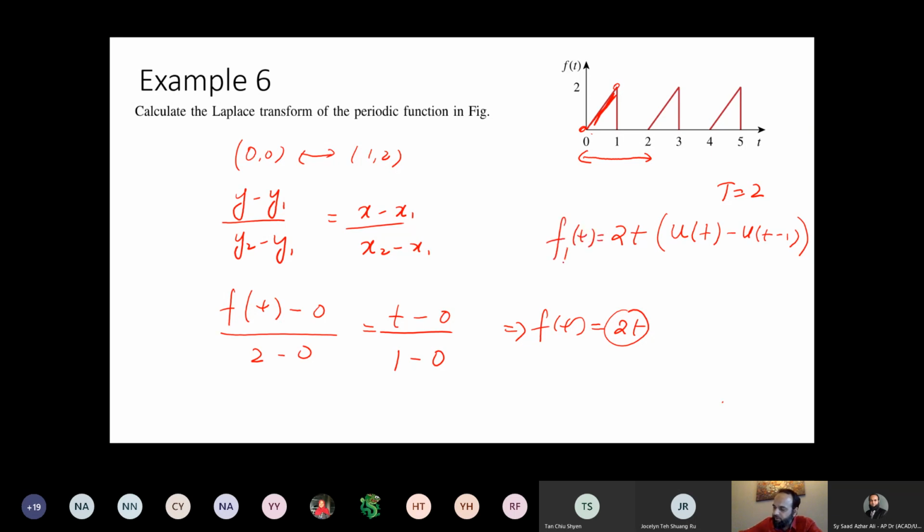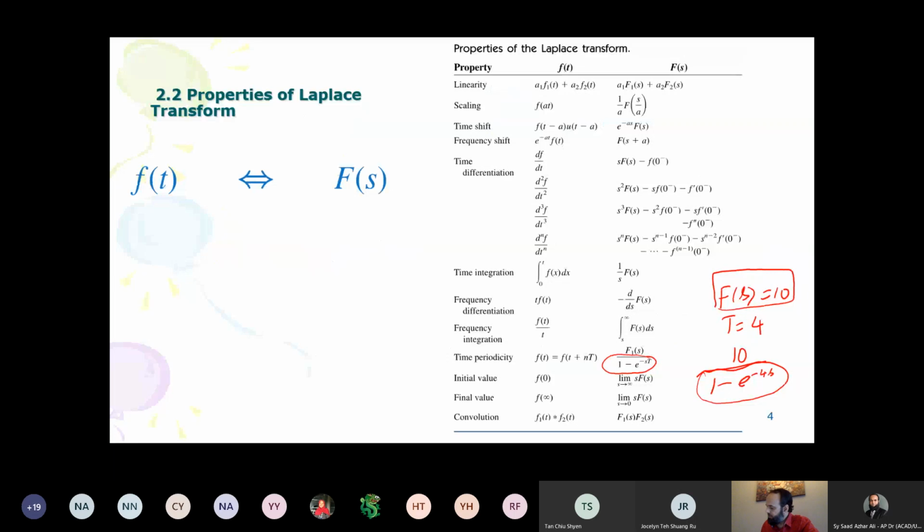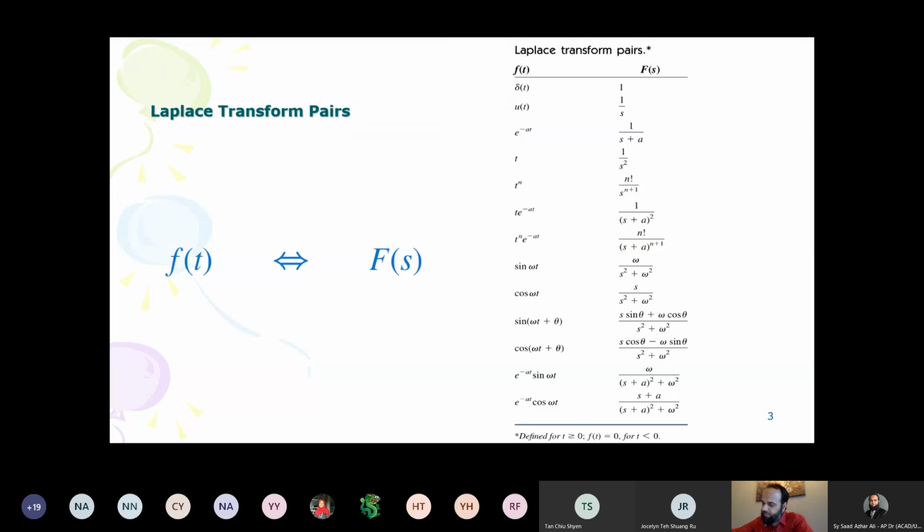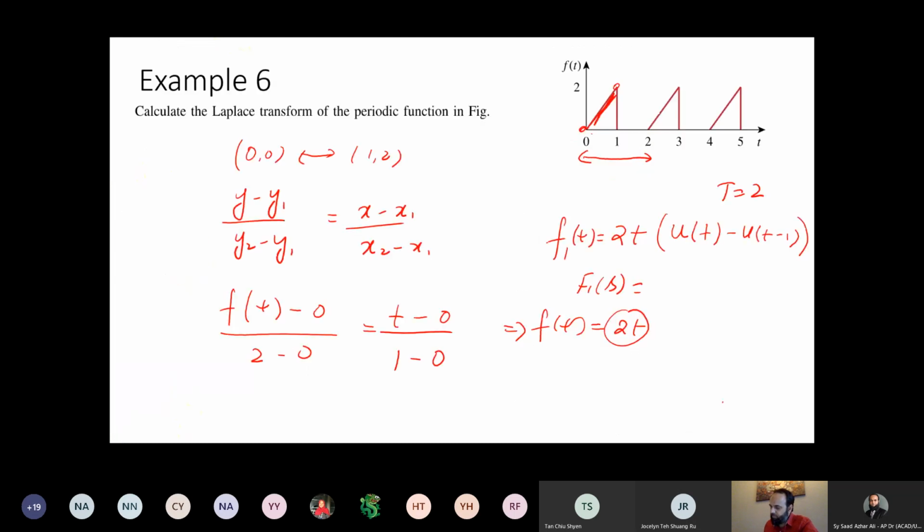So we find f1 of s. So what is the Laplace for t? If you remember, you go back to the tables. The Laplace of t is 1 upon s squared. Okay, so we can bring it from there.